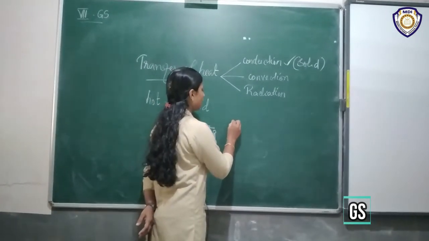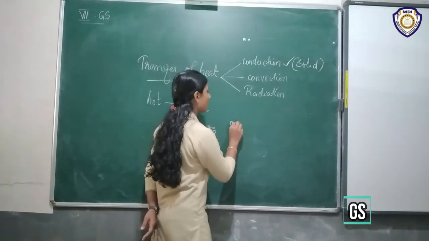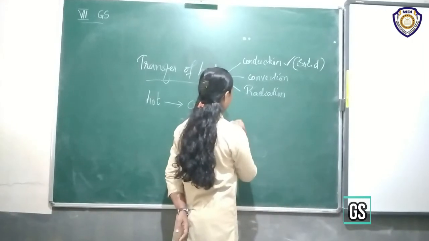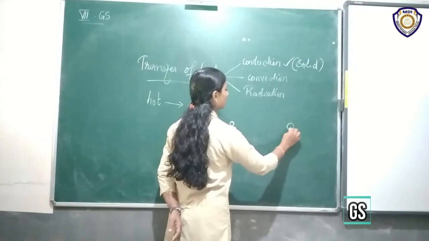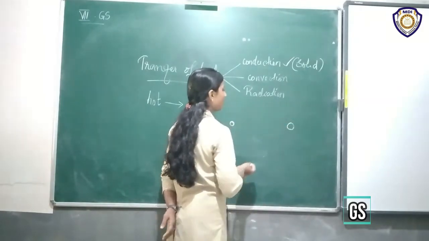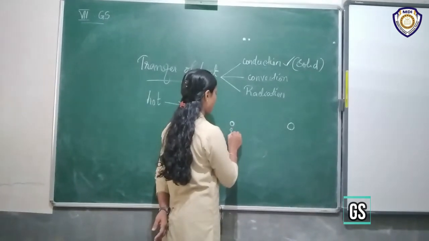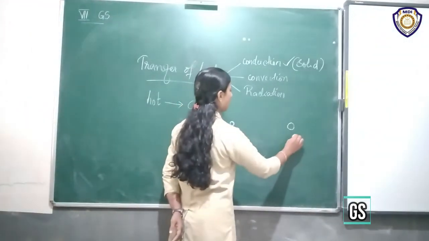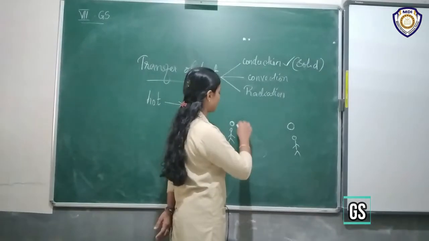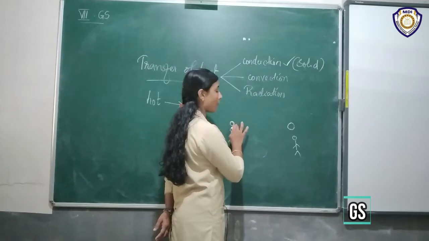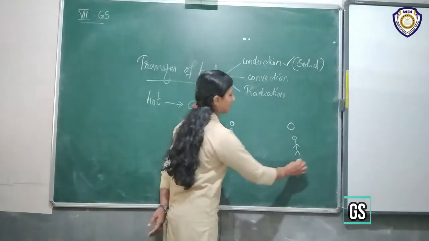Like here we have a ball, and this ball should be taken from here to here. So we need some help. Here a boy is standing, and here another boy is standing. The ball should be transferred from the first boy to the second boy.